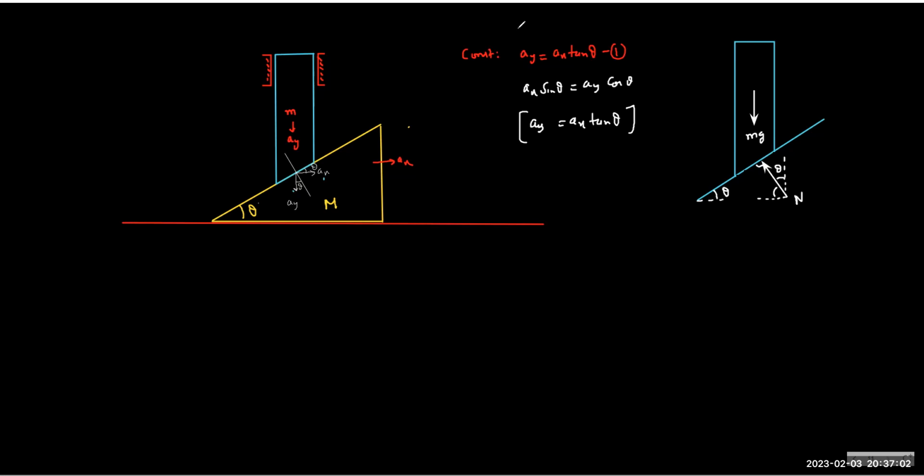The normal on the rod will have up and left components. But the rod cannot move right or left, so the left force must be balanced by a right force. So the support will exert a net force in this way, including all forces. The net force will act like this.